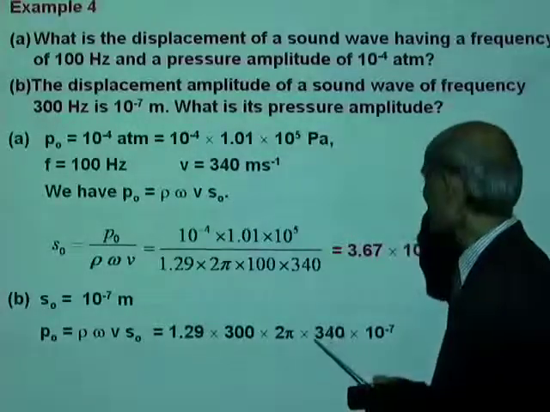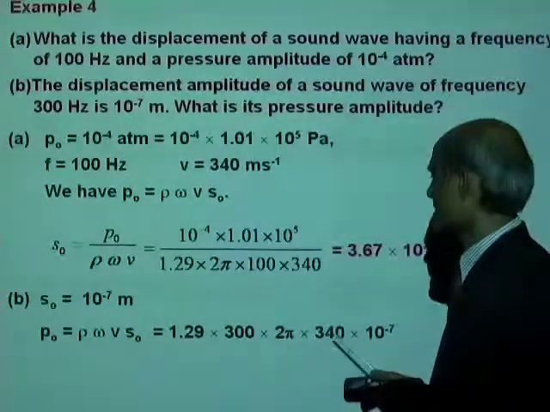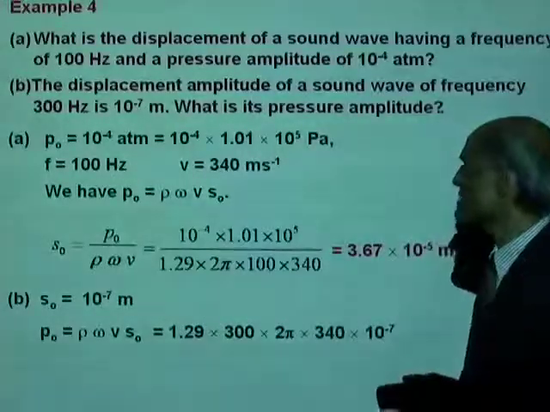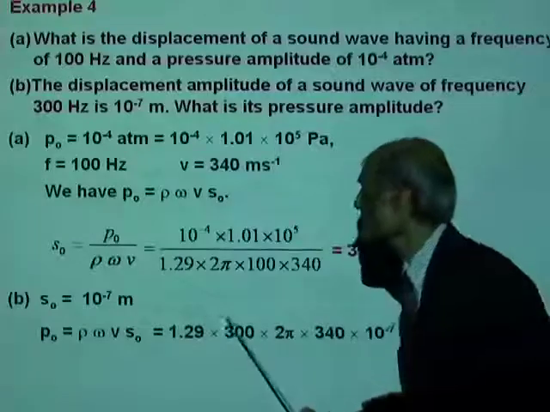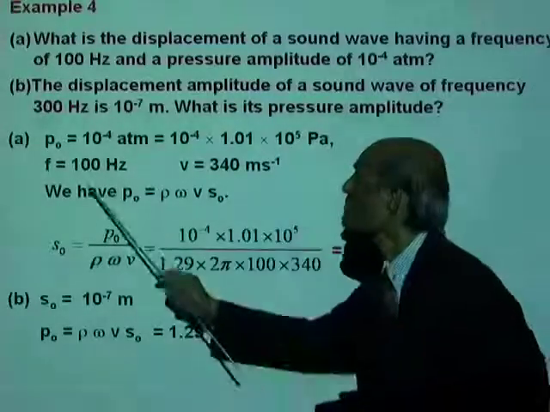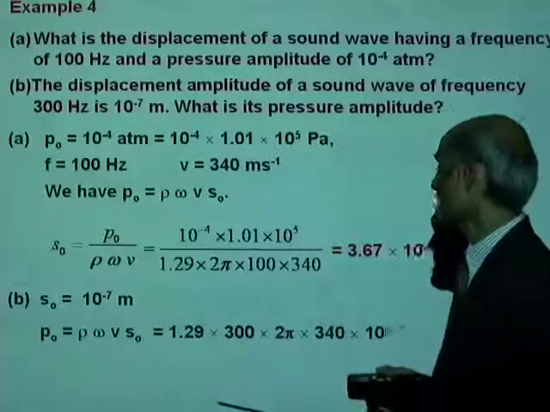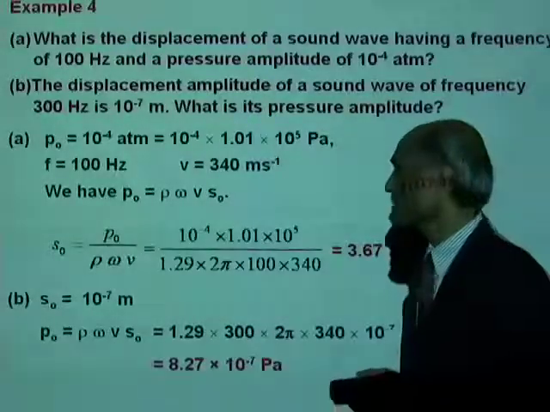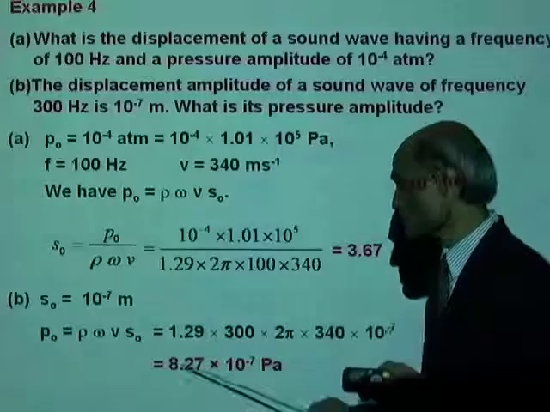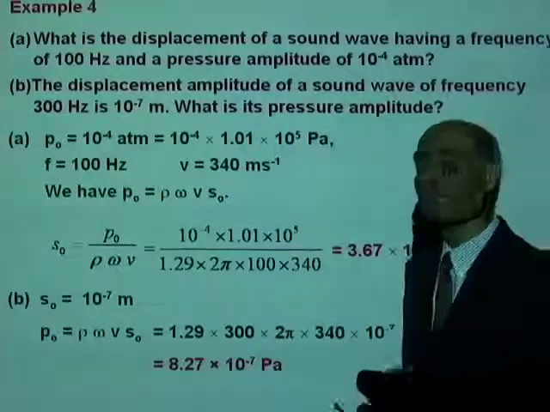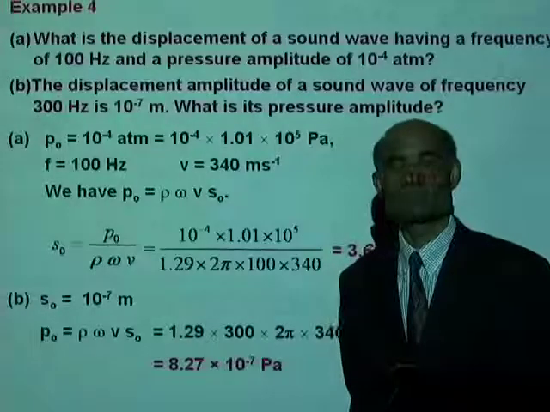Well, V is 340 and S0 is 10 to the power of negative 7. So I think this 300 must read 100. Is that right? Yes. So we must change that for you. That will be the pressure amplitude equal to 8.27 times 10 to the negative 7 Pascal. Okay?